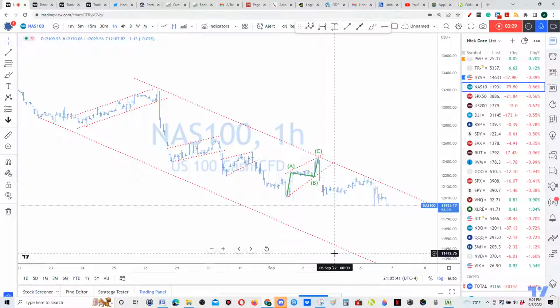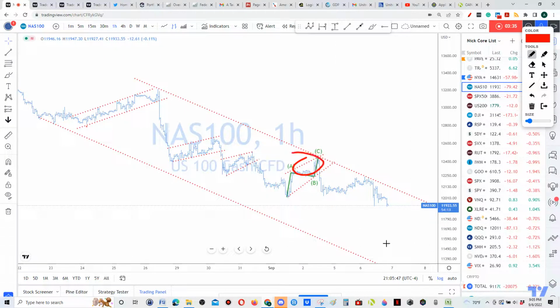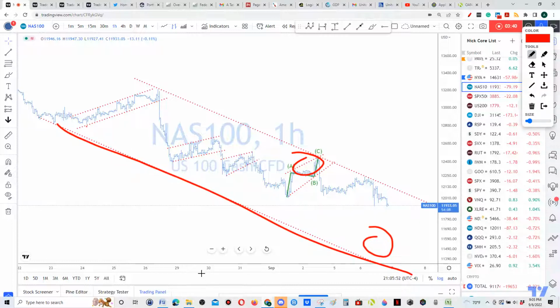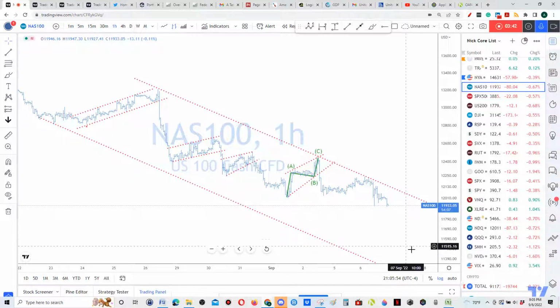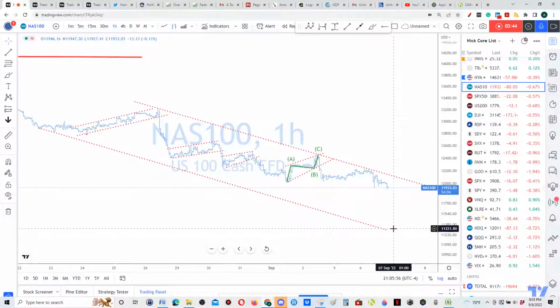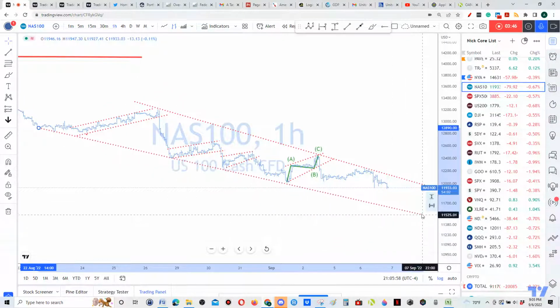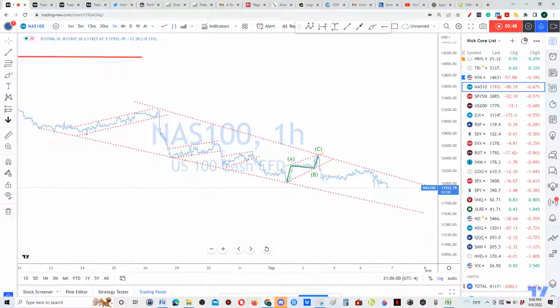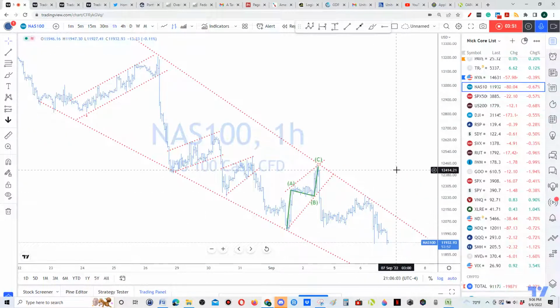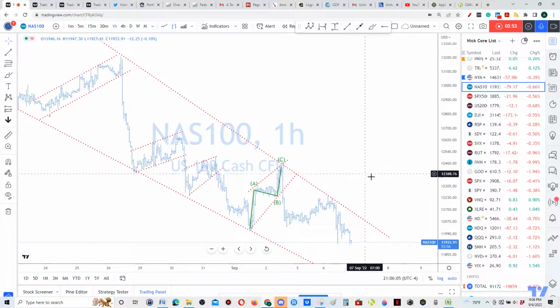That's what usually happens. So break the top, which we did here, then break the bottom, and then you get an expansion. That's what's likely going to happen. It doesn't have to. If some piece of news comes out tomorrow, forget what I just told you, but keep an eye on it.